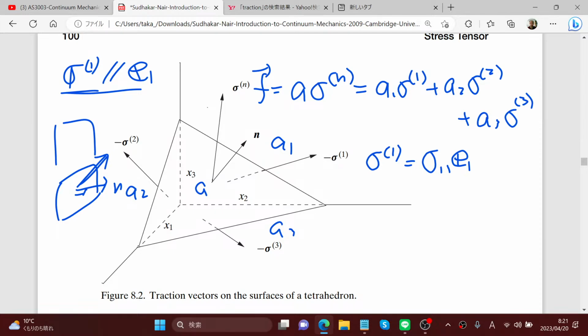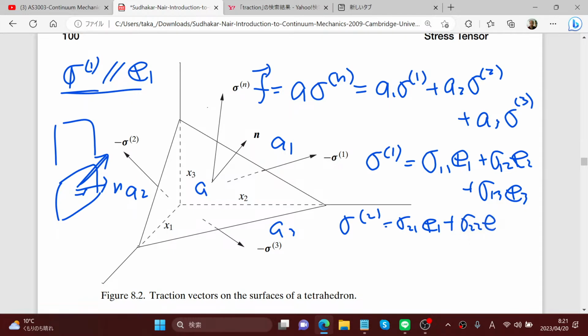Then you can say sigma 1 is sigma 1,1 E1 plus sigma 1,2 E2 plus sigma 1,3 E3. Right? And sigma 2 is sigma 2,1 E1 plus sigma 2,2 E2 plus sigma 2,3 E3.